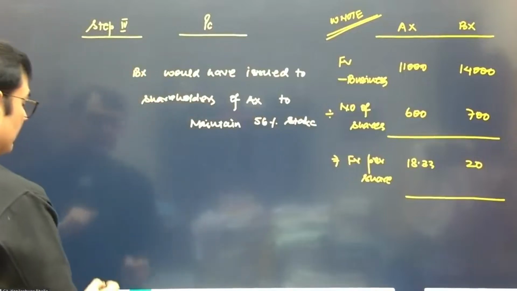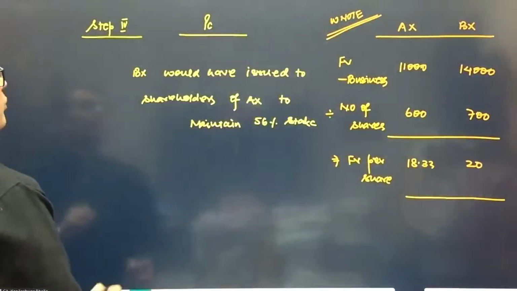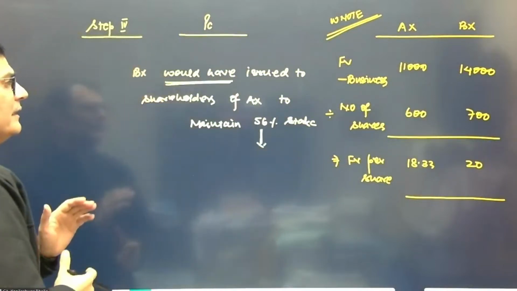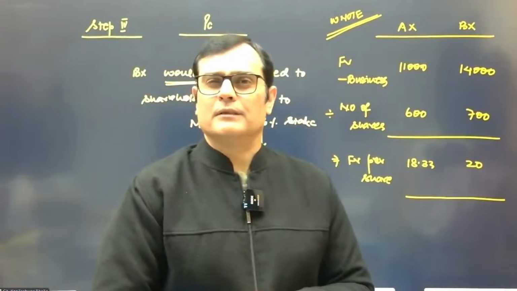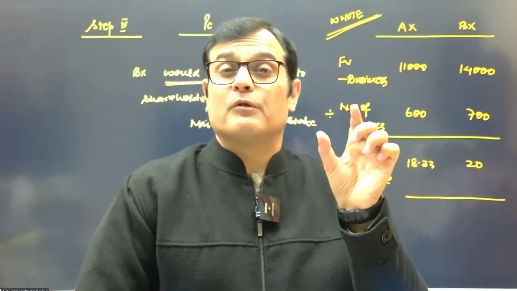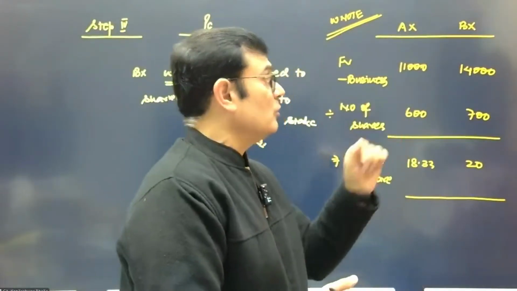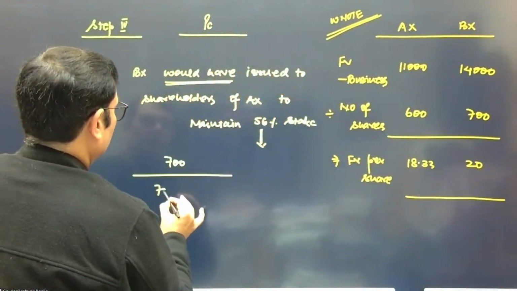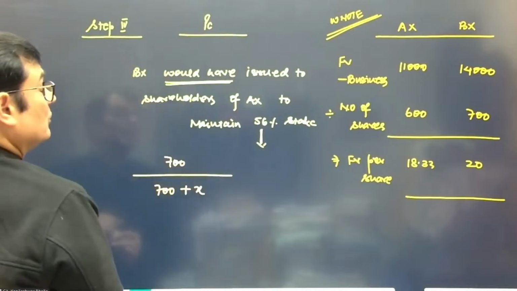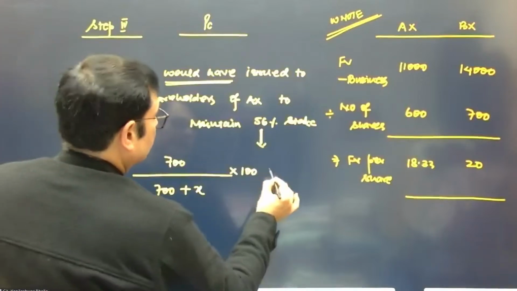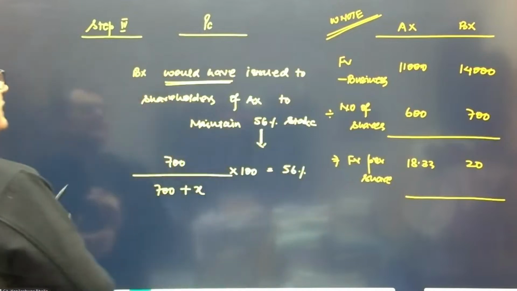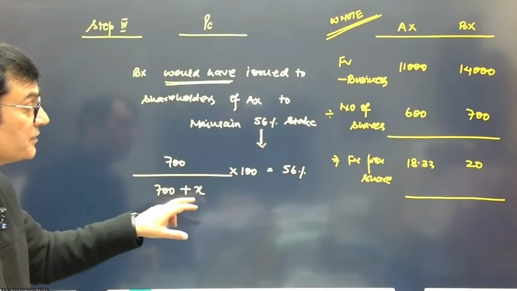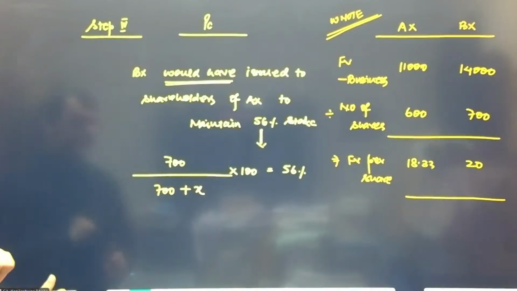Okay, so now coming back to the issue, what would have been the shares which BX would have given to AX to maintain a 56% stake? So let's do the calculation. The number of shares BX has in its own company is 700 shares. Let's assume that it would have issued X number of shares to the AX shareholders in such a way that it wanted to maintain a 56% stake. So this X is a presumption regarding how many shares BX would have given to AX.